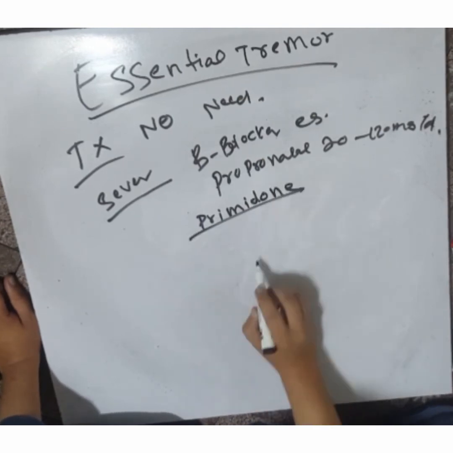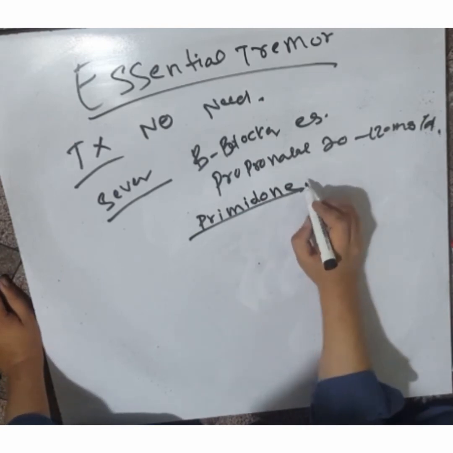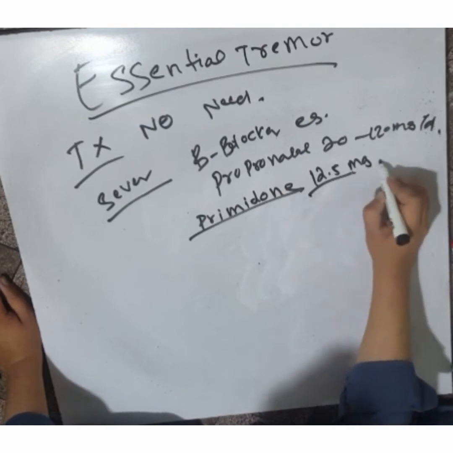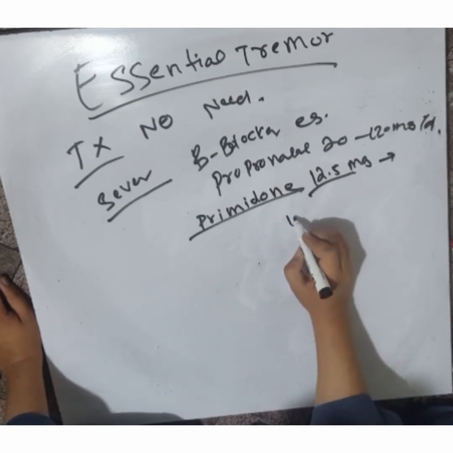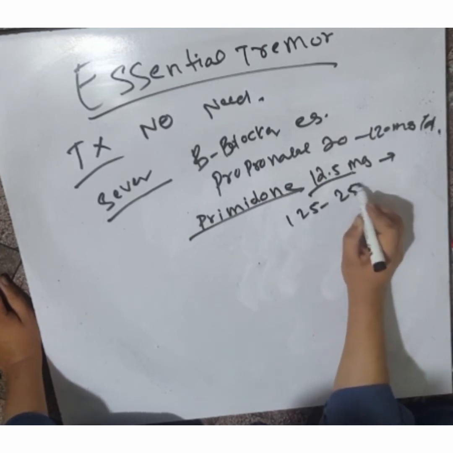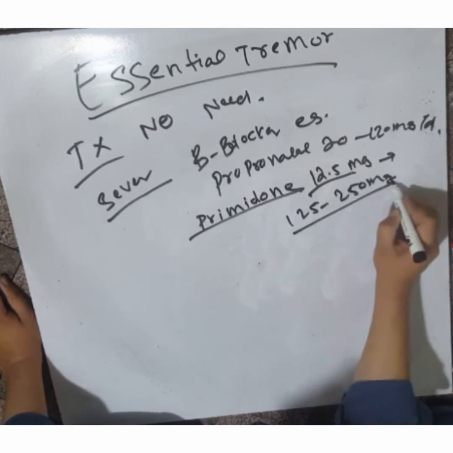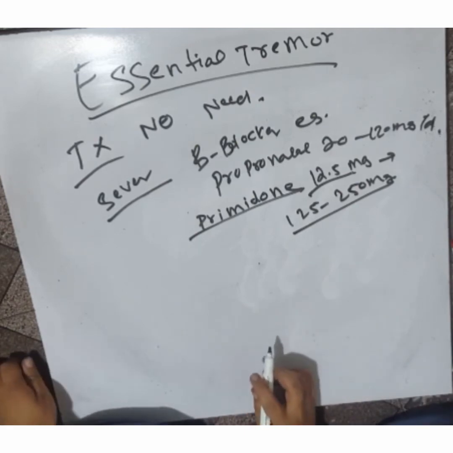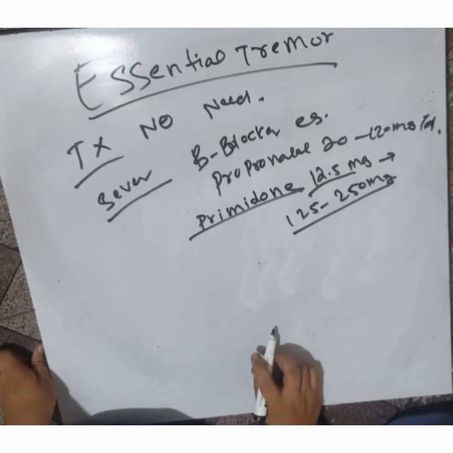We can also give primidone. The starting dose of primidone is 12.5 mg. We start at this dose, then we will increase to 125 mg to 250 mg in severe cases.